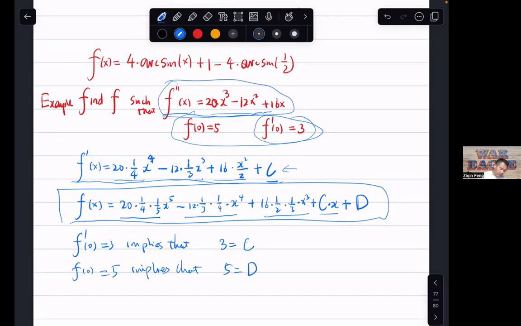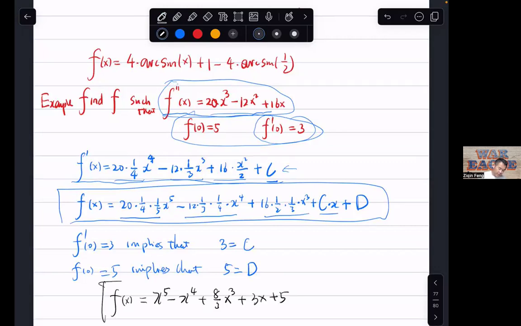So our final answer for this problem is f of x equals x to the 5 minus x to the 4 plus 8 over 3 x to the 3 plus 3x plus 5.